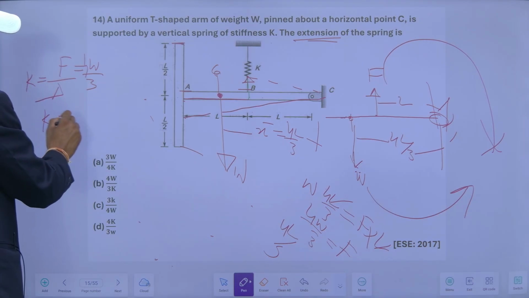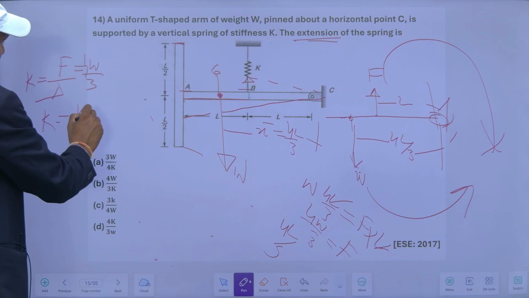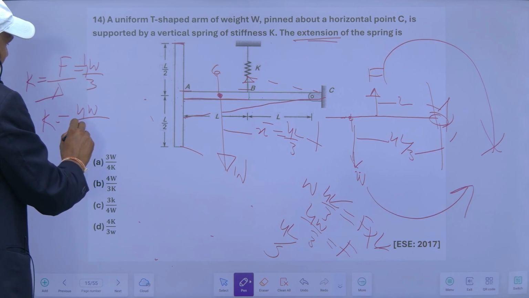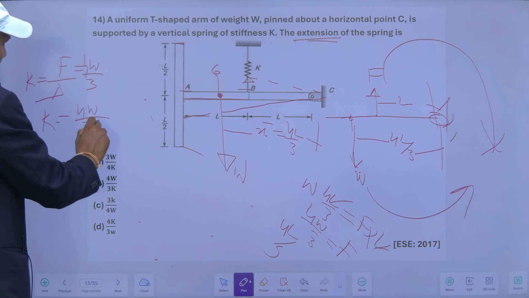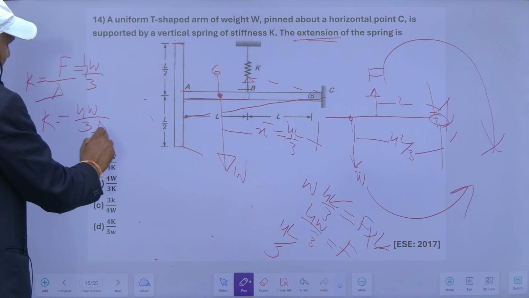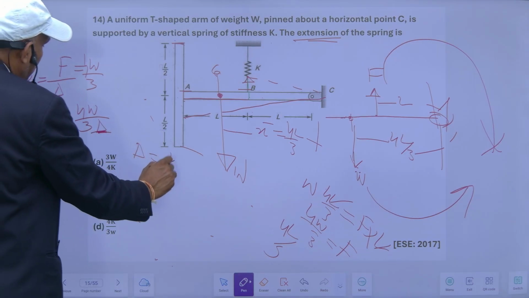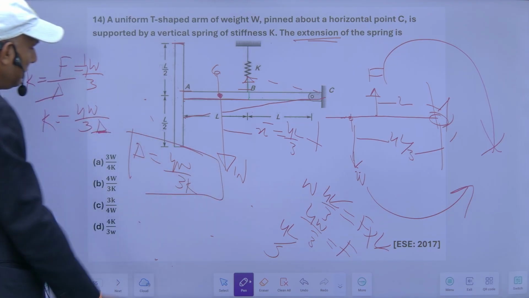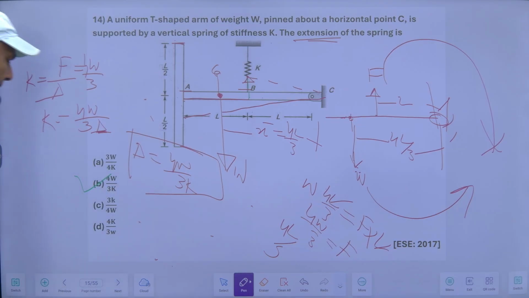So K will be equal to F, where F is this one, divided by delta, and this delta will be equal to 4W upon 3K. So this is the formula, 4W upon 3K. So this is the right answer.